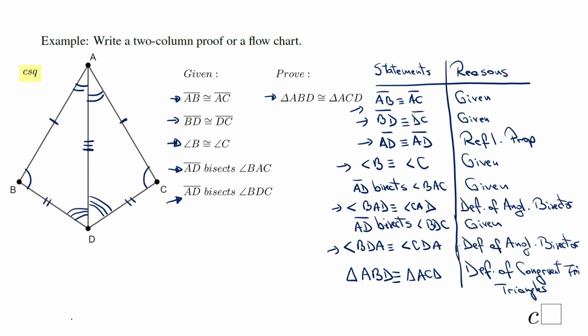Okay, and this is a proof. In my next lessons, I'll show you how to prove using fewer parts. But at this moment, see, this is the proof for this problem.